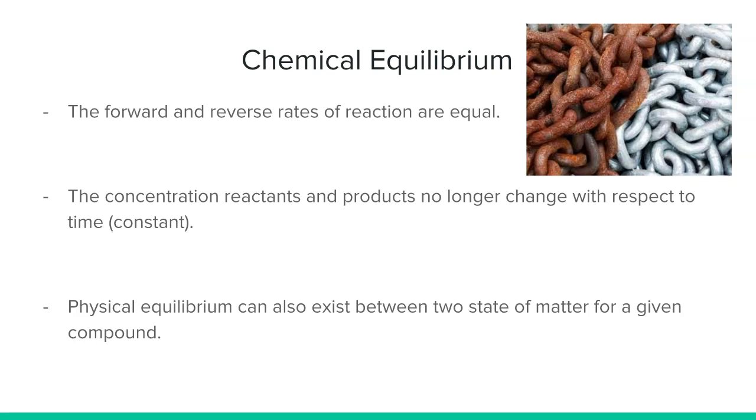So you can establish an equilibrium between physical states as well as a chemical process going back and forth. The same rules apply as far as forward and reverse rates for the physical process.